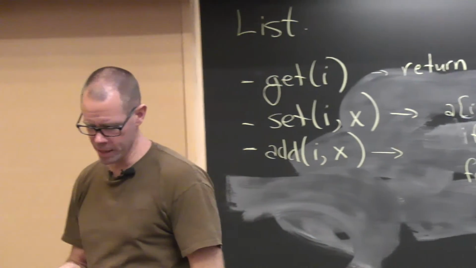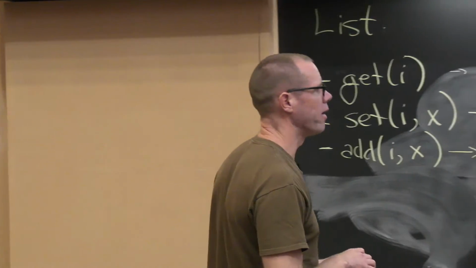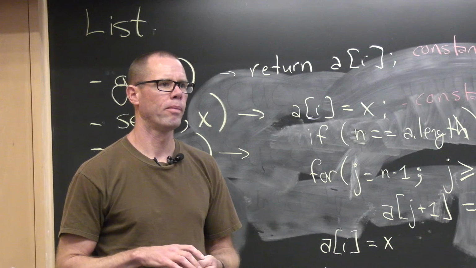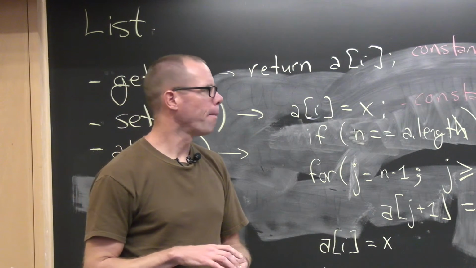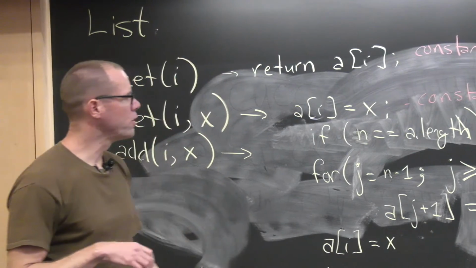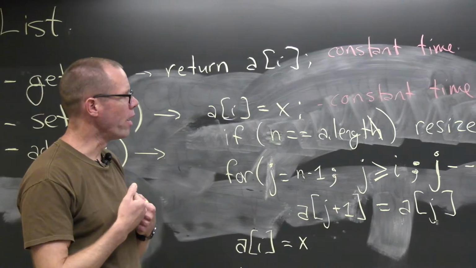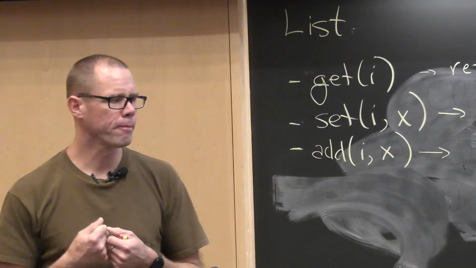It depends on the index that you choose. And how does it depend on that? Yeah. So if you choose i equals n, then it's basically O of 1. And if you choose i equals 0, then it's O of n.